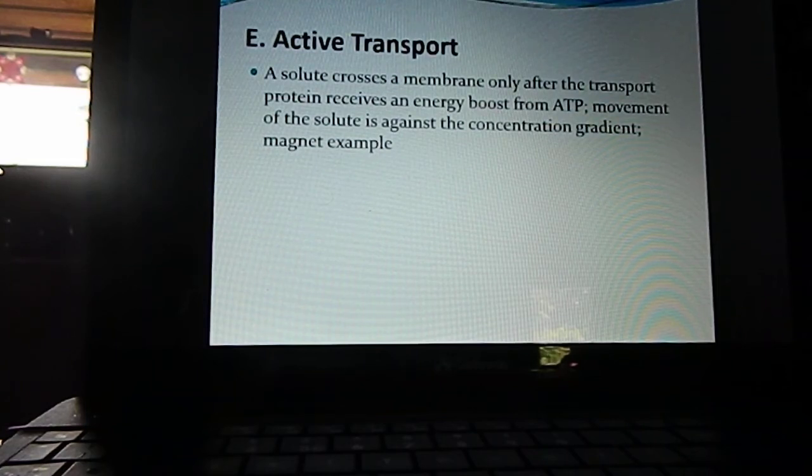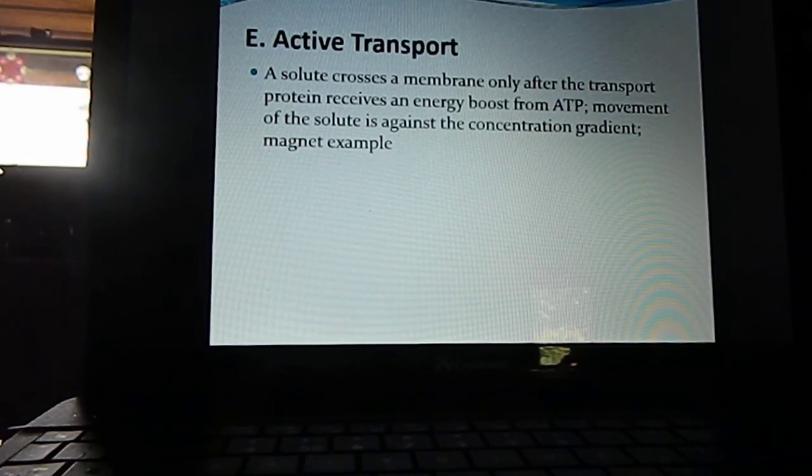So an example is a magnet. If you put two south poles together, you have two magnets, you have two south poles, and you try to put them together, you'll feel the repulsion of those two magnets. They do not want to come together, right? Naturally, it's just against natural law.